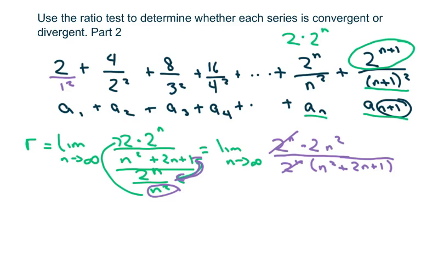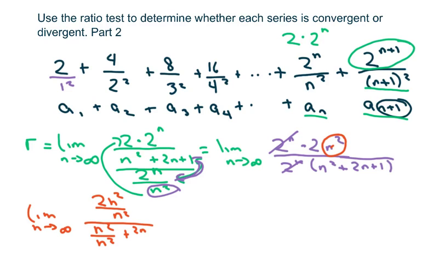Now that we have this, we're going to use our technique of dividing everything by my highest term here, which is n squared. So we're going to have the limit as n approaches infinity of 2 n squared over n squared divided by n squared over n squared plus 2n over n squared plus 1 over n squared.